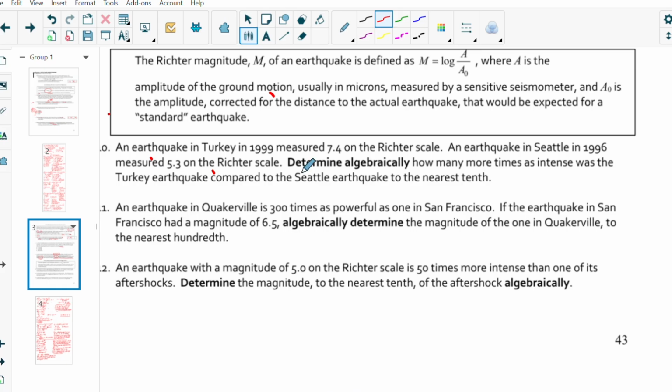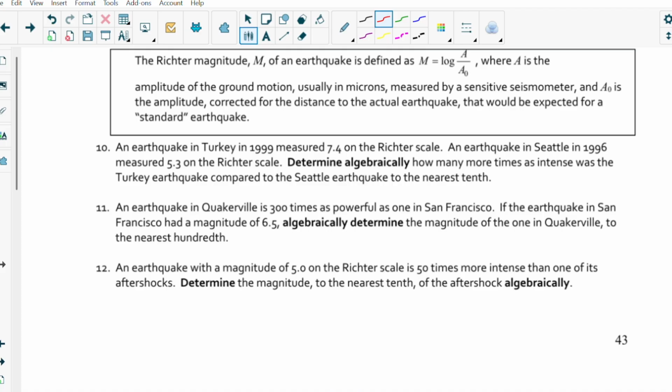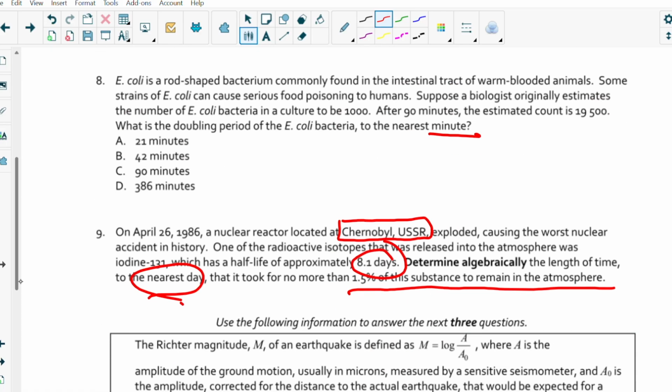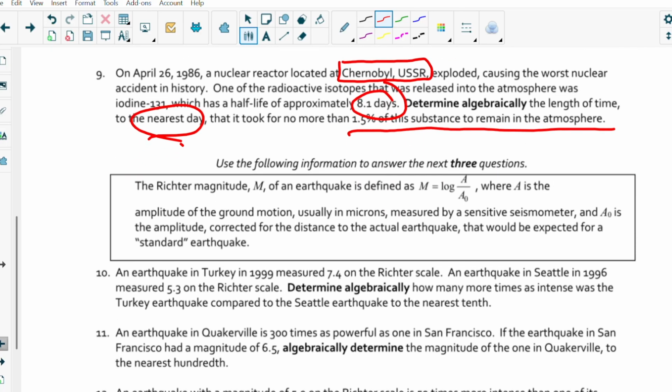Number 10, earthquake time. Okay, let's read this box here. It says, use the following information to answer the next 3 questions. The Richter magnitude, capital M, of an earthquake is defined as M equals log of the ratio of A divided by A naught, where A is the amplitude of the ground motion, usually in microns, measured by a sensitive seismometer, and A naught is the amplitude corrected for the distance to the actual earthquake that would be expected for a standard earthquake.